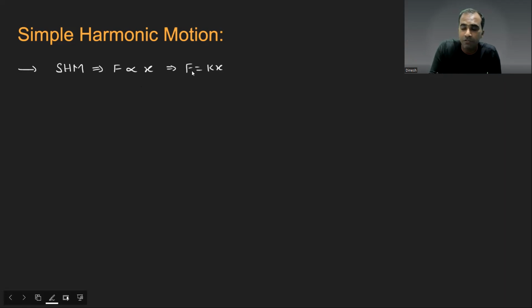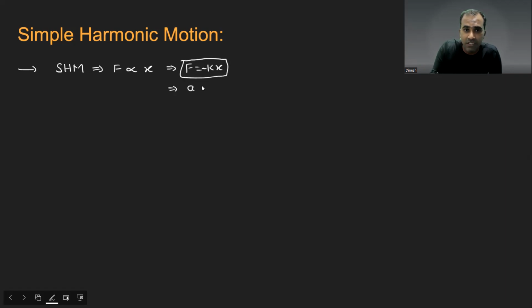So since restoring force and displacement are always opposite in direction, because as you displace it from the equilibrium position, the restoring force is trying to pull it back, that's why there is a negative relation. They are proportional to each other, but direction-wise, they are opposite. So this is the basic with which we have started.